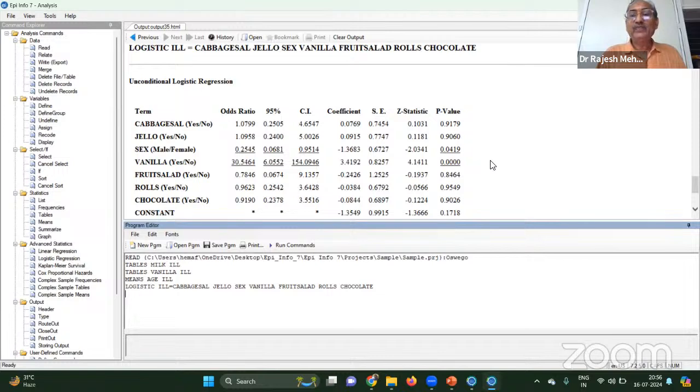And the p-value is less than 0.00. It is highly significant. Two factors are very much correlated with the illness. Other factors like cabbage, jello, rose, etc., are there, but they are not affecting much, right? So this is how you can also apply logistic regression analysis.